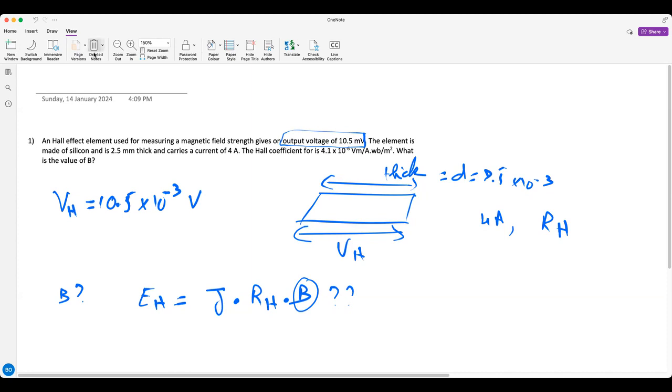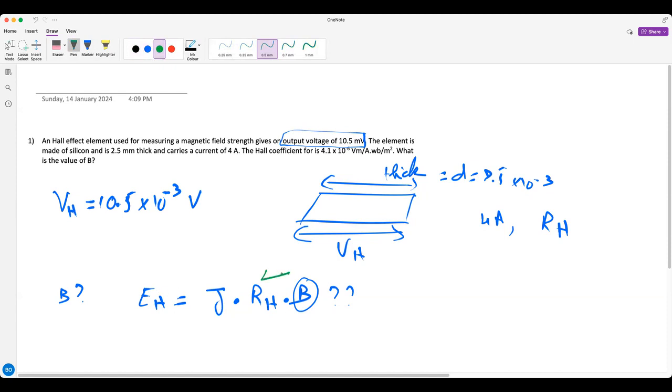Now, what do I need? I want to calculate the magnetic field. This I have, but I don't have this, and I don't have this. So how do I calculate this? The silicon is a cube.